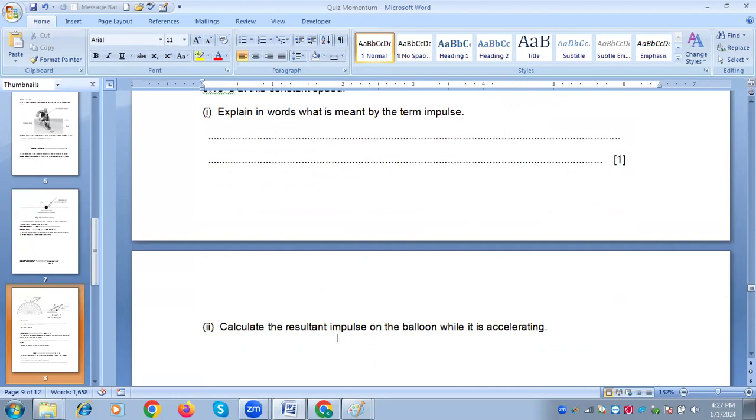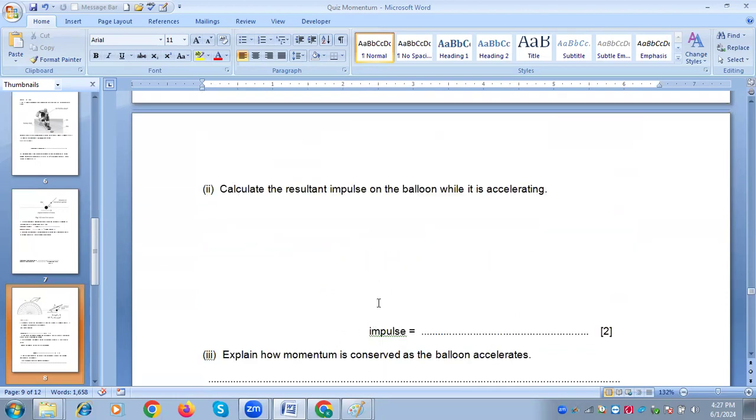The resultant, they have asked to calculate the resultant impulse, not the force. Okay, so the time is not needed.